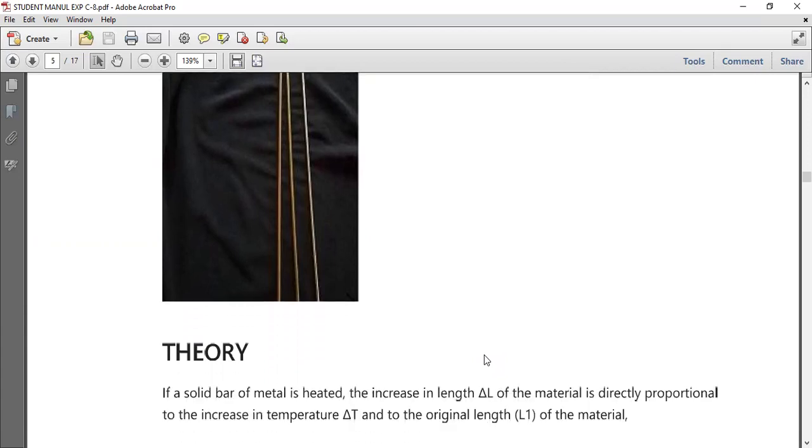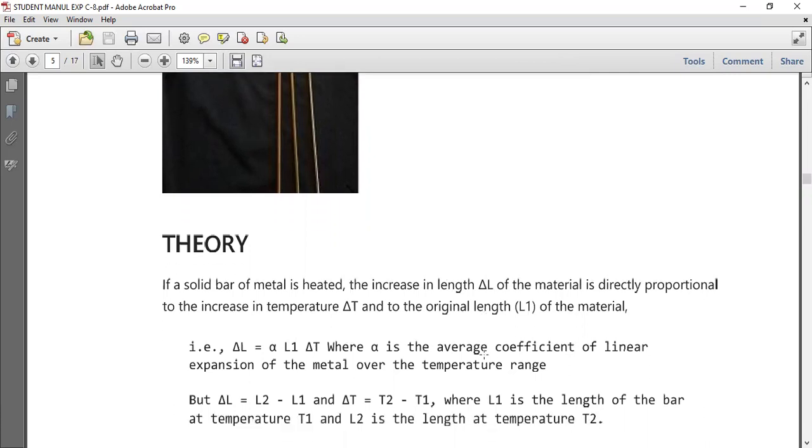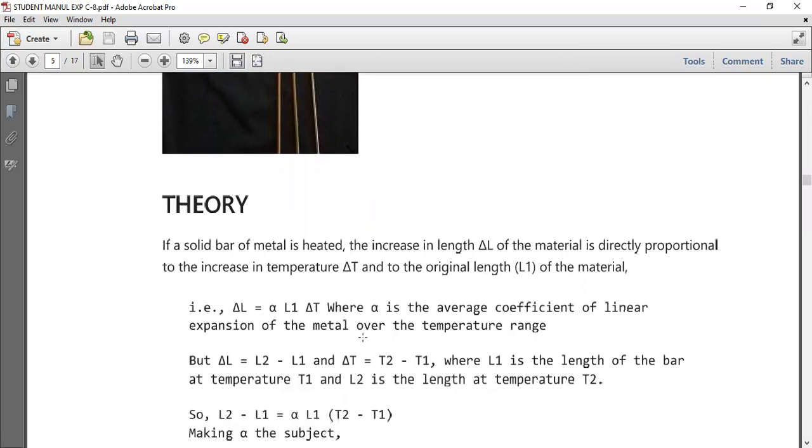So the theory part of it is as follows. We know that when a metal rod is heated, the increase in length is denoted as delta L of the material. And this is directly proportional to the increase in temperature, delta T, and to the original length, L1, of the material. So mathematically, this can be written as follows.